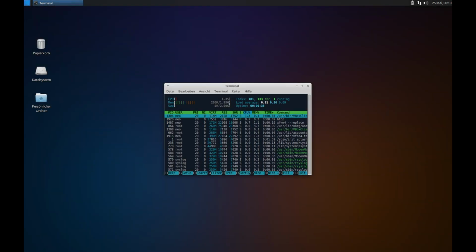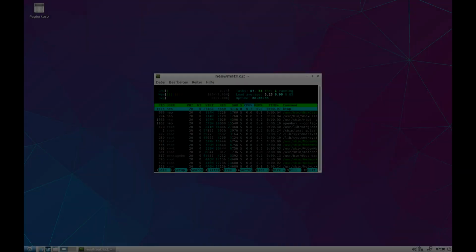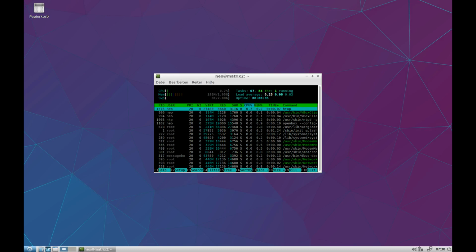The next distribution is Ubuntu Studio. It uses the XFCE desktop like Xubuntu. It's a special distribution for artists, and it uses 286 megabytes. It's nearly the same as Xubuntu and Ubuntu Mate. Now the last and most lightweight distribution in this test is Lubuntu.